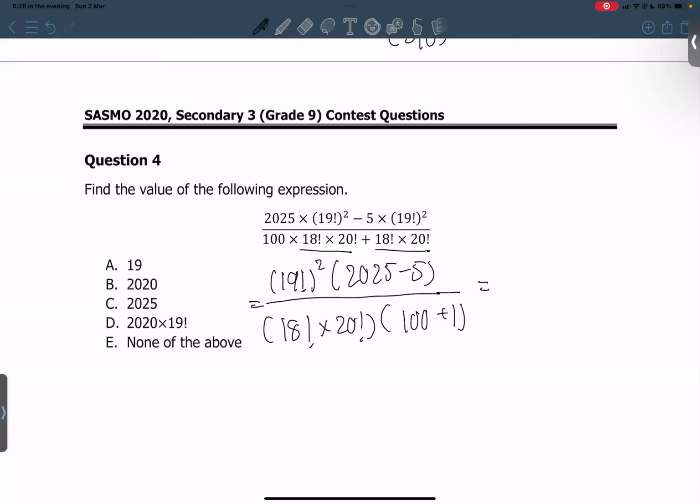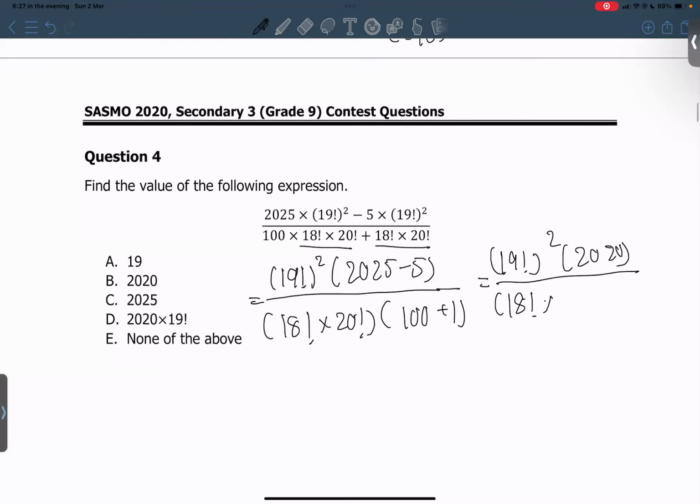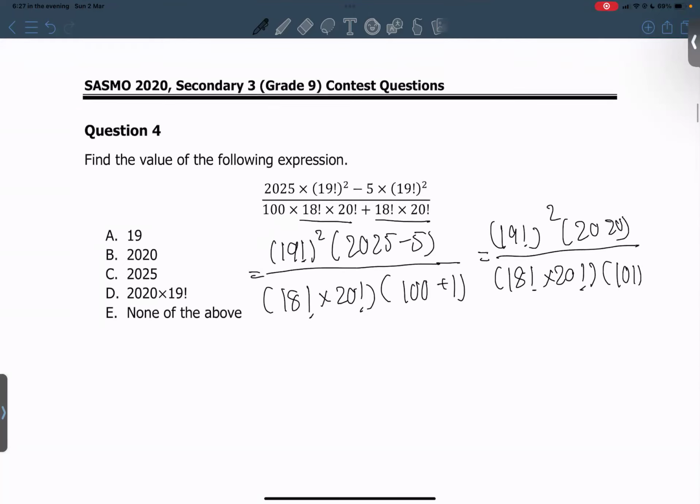And then you can just simplify it, and you'll get 19 factorial squared times 20 over... Okay.